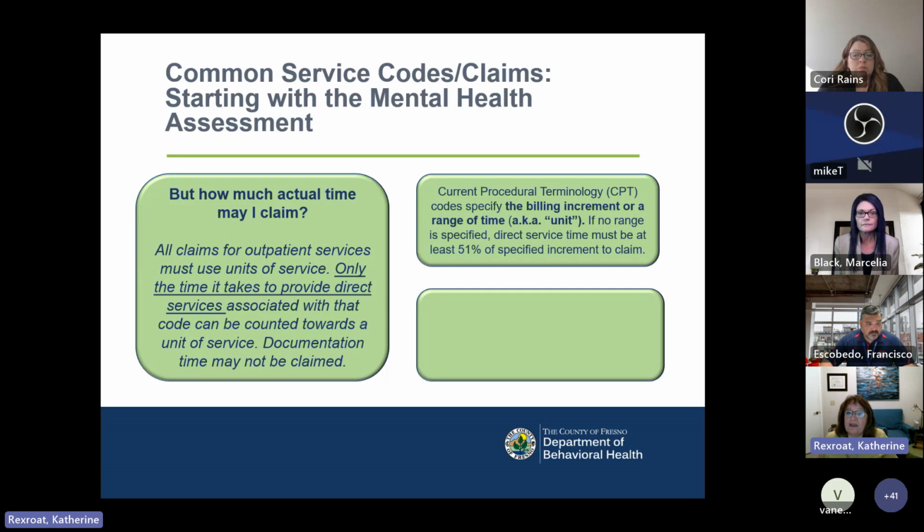They specify not only procedure, but the billing increment or a range of time, which is known as a unit. If no range is specified for a particular CPT code, direct service time must be at least 51% of a specific increment to claim. And I will be explaining that further in the coming slides.